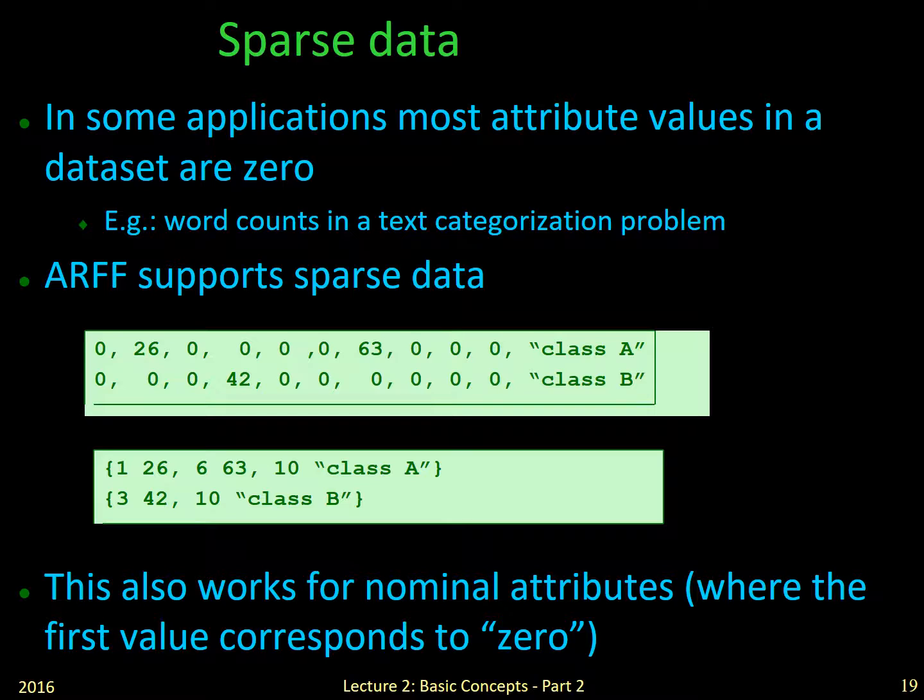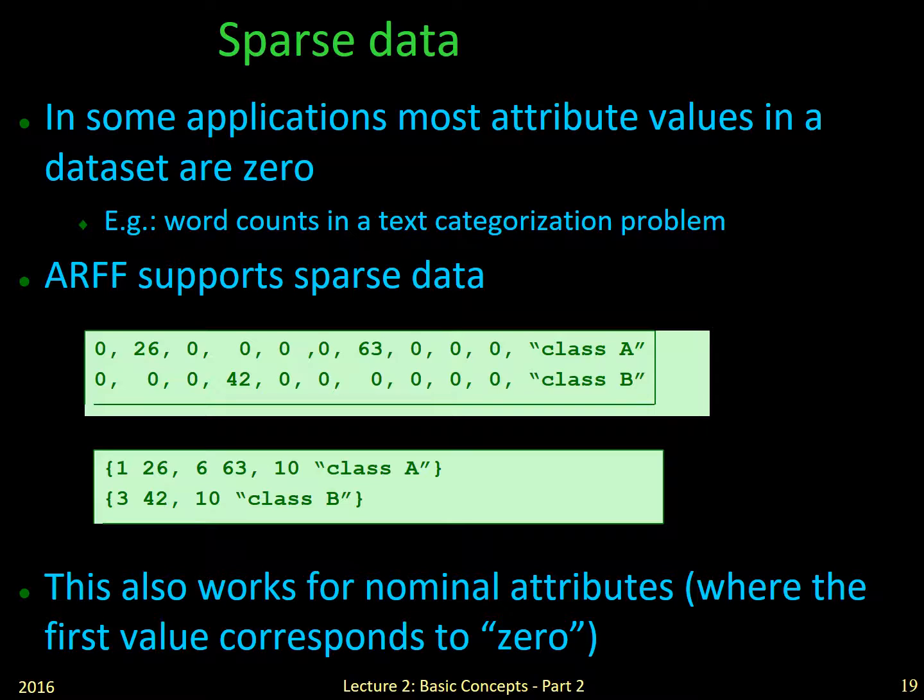Basically 1 is the position in the data set and 26 is the value of that attribute. Why is it 1? Because the counting starts from 0. So 1 is the second position, and 26 in the upper picture is in the second position.